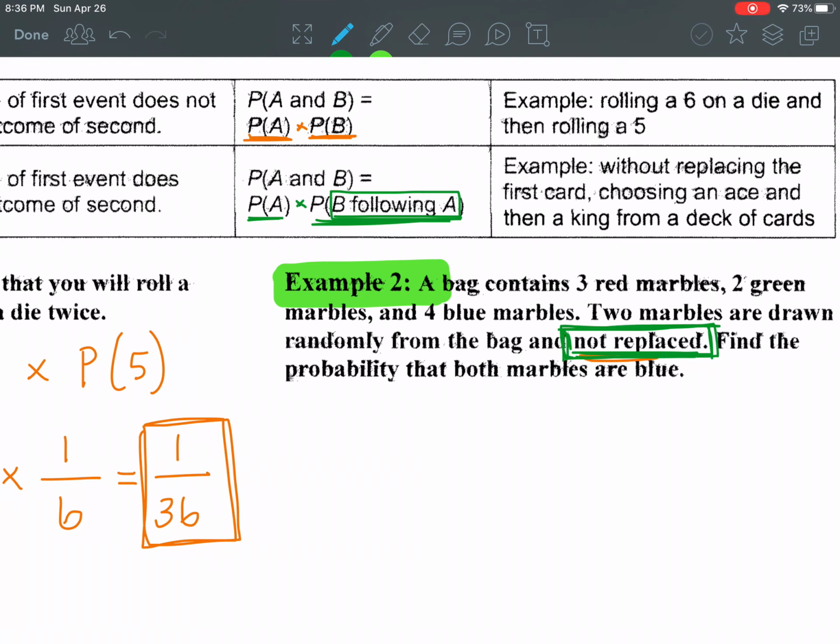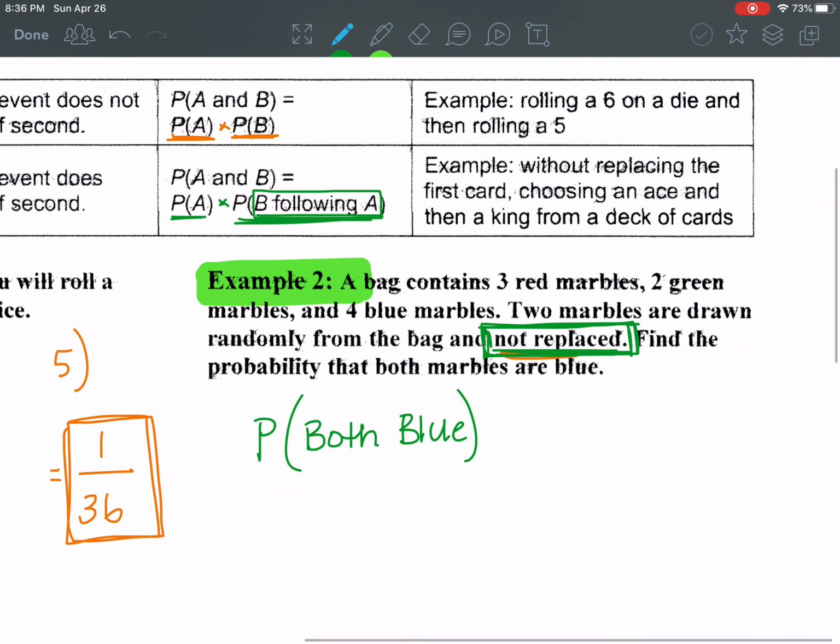If you ever see something that's not replaced, it is a dependent example, okay? So what we're doing, we want to find the probability of both marbles being blue, okay? Sometimes you'll see probability written out like that. So let's think of the first event, so the first probability of it being blue, okay?